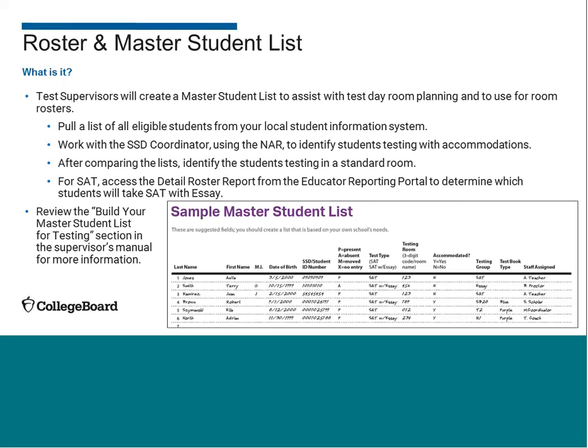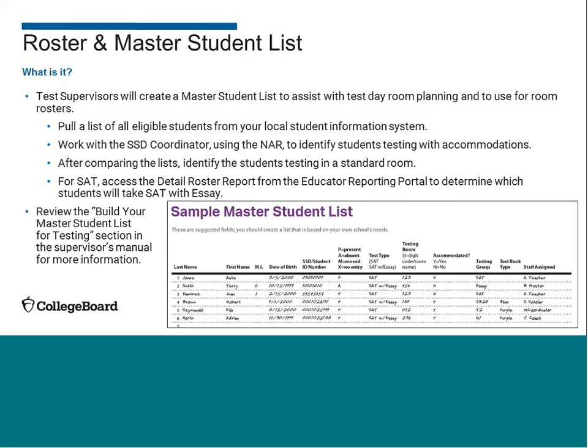If you're using a testing room code, you can identify that on here, as well as the groups and types of test books. So you can consolidate your information into a single list, and that will help you begin to plan your rooms and what students will test in which location.